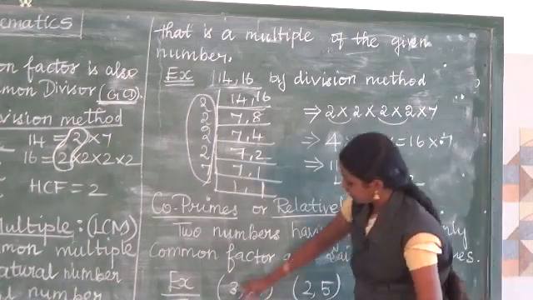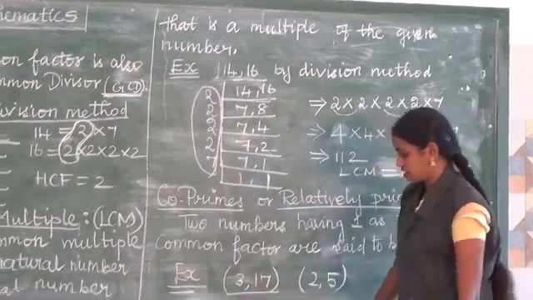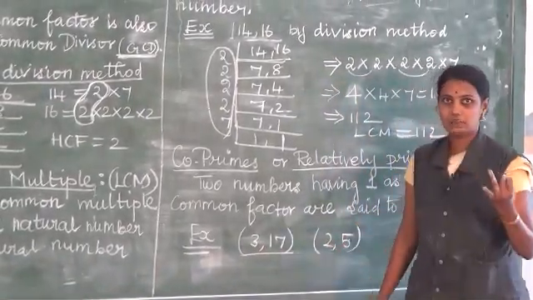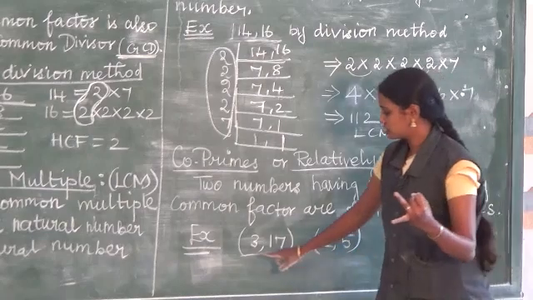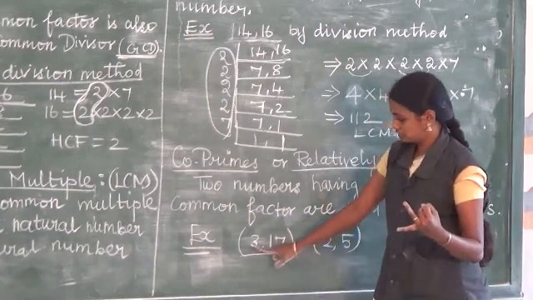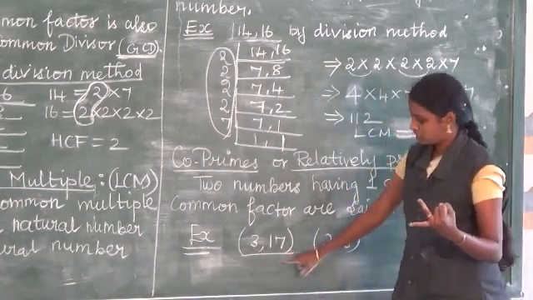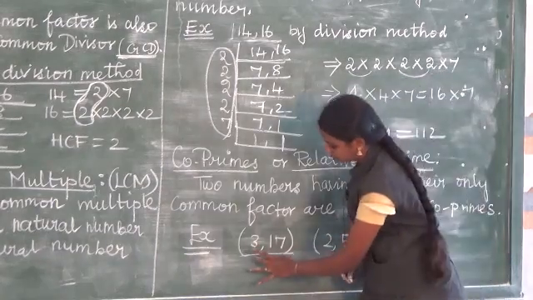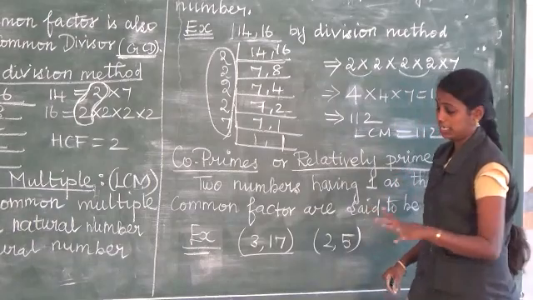For example, take 3 and 17. 3 will come in the 1 table, 17 will come in the 1 table. 3 will come in the 3 table, but 17 will not. So these numbers have only 1 as a common factor.